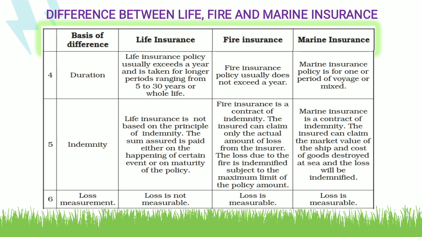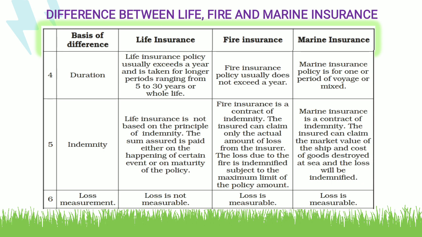Next is the presence of indemnity. Life insurance is not based on the principle of indemnity. The amount of insurance, called the sum assured, is paid either on the happening of a certain event or on the maturity of the policy.